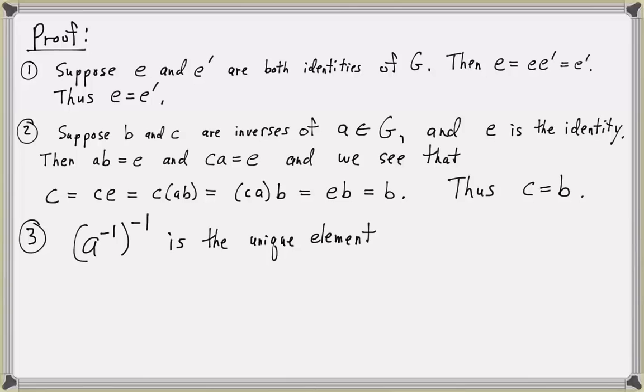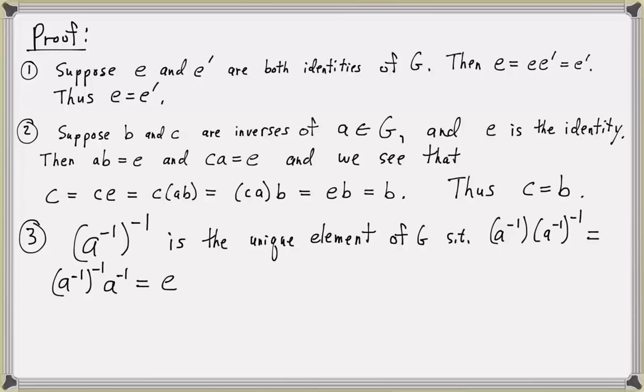So this is the unique element of G such that A inverse times A inverse inverse equals A inverse inverse times A inverse, and this equals the identity element E. But if we replace A inverse inverse with the element A, we see that the inverse of A inverse must be A.